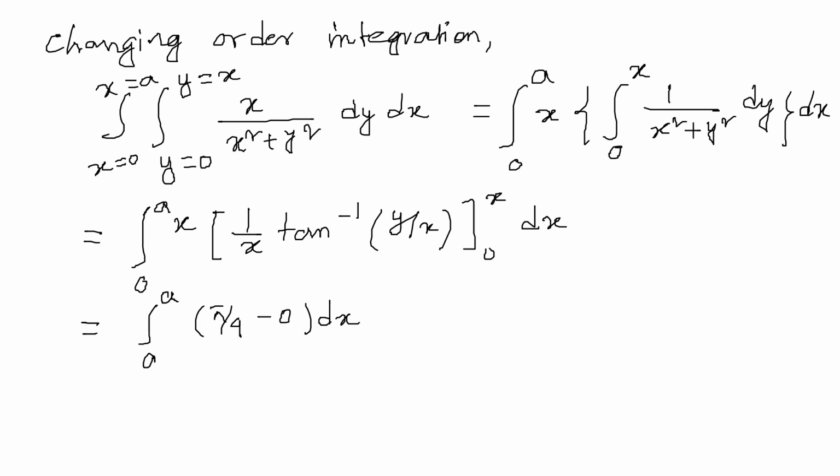Tan inverse 1 is pi by 4, and since 1 by x is already there, x will cancel. That means pi by 4 minus 0, as tan inverse 0 is 0. So we are getting pi by 4 times x from 0 to a, that is pi a by 4. This is the required value of our given problem.